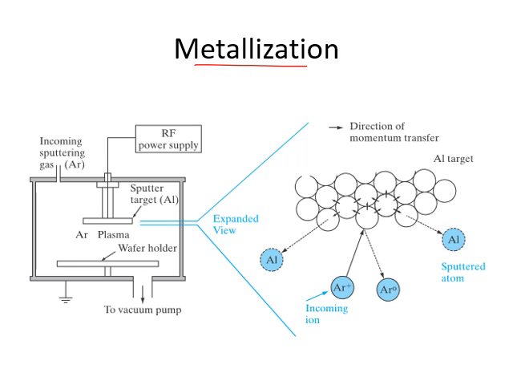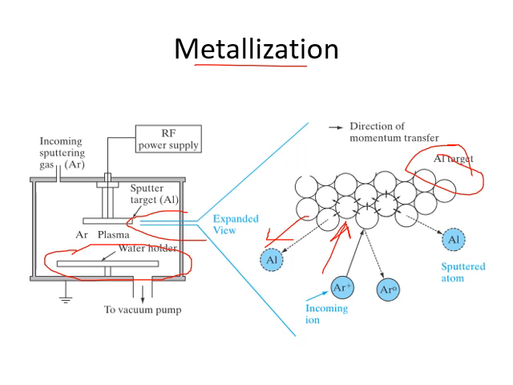Then we went through metallization, where we know that metallization means applying metal on the material for external connection. For that we use the wafer, and the argon ions are bombarded on the aluminum target. Because of the bombardment of the argons, the aluminum atoms try to escape out.